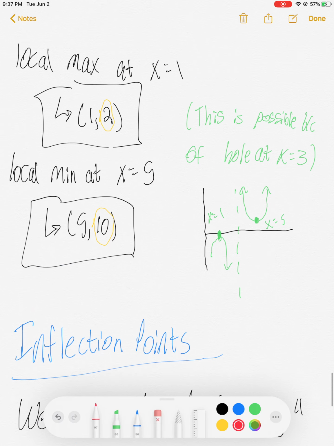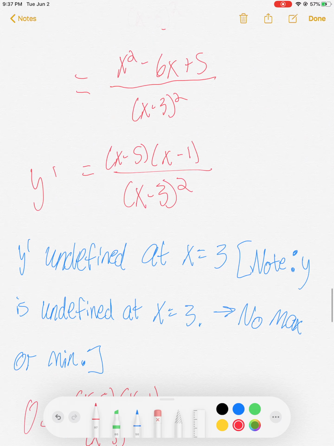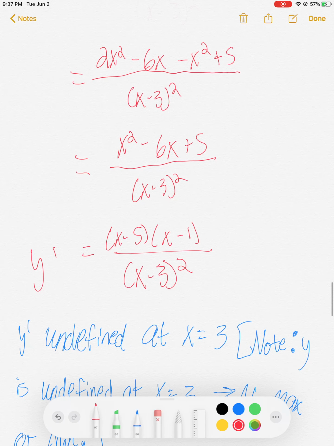And just like before, we want to look at f double prime, or I suppose I should say y double prime. Okay, so y double prime equals, okay, let's find y prime.